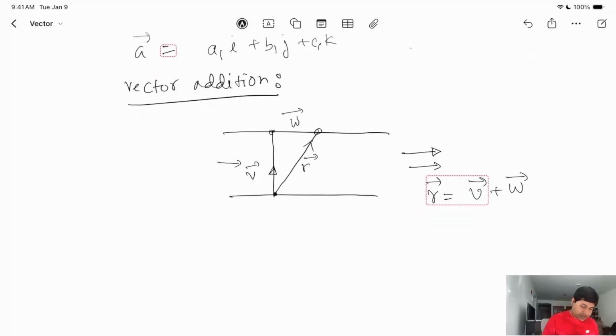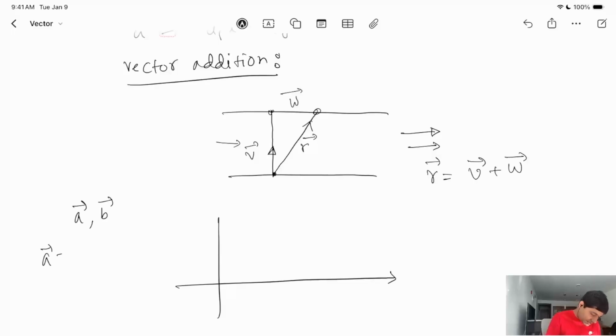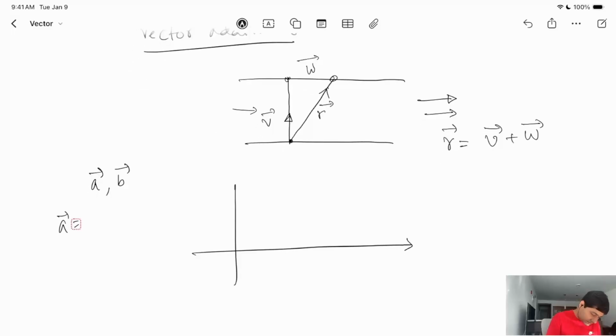Now let's go to the coordinate system and understand what is happening. Say I have two vectors, vector A and vector B, and for the time being, vector A equals 2 comma 1 and vector B equals 3 comma 2.